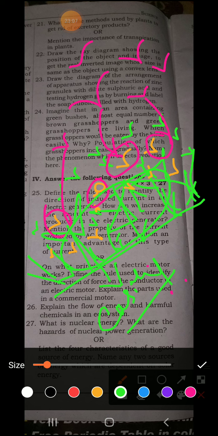So we can write the very simple answer. Brown grasshoppers will be eaten by the birds easily because of their different color.